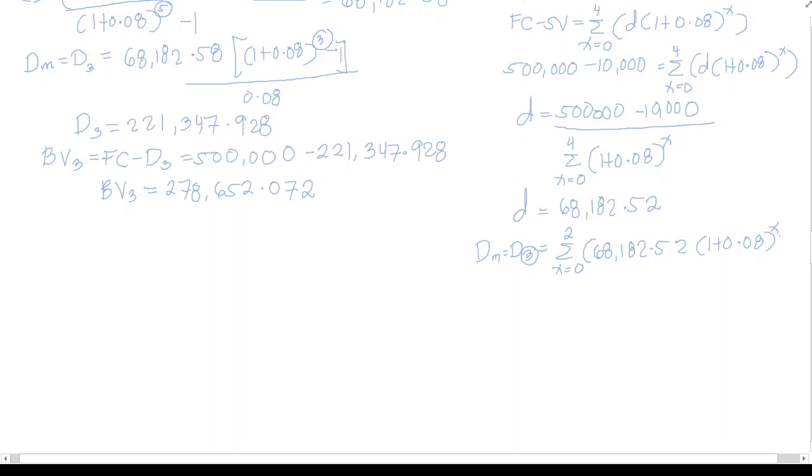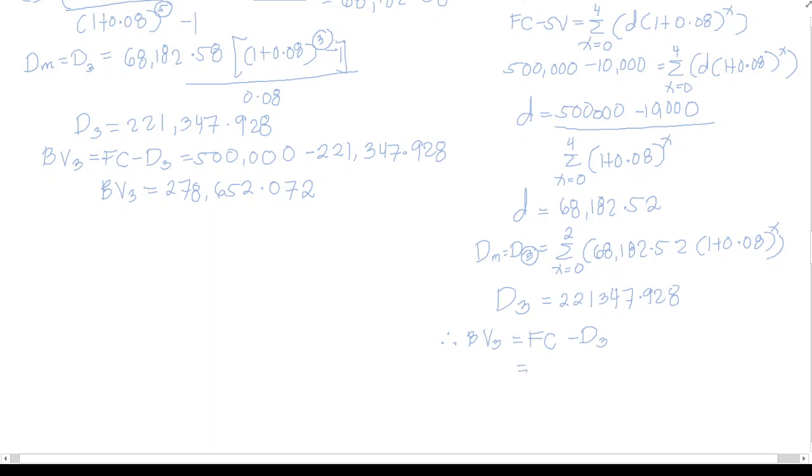So don't forget the bracket there. Okay, so it's the same. The depreciation at the third year is equal also to 221,347.928, and therefore we compute again the book value at the third year. That is the same formula, FC minus the depreciation at the third year.